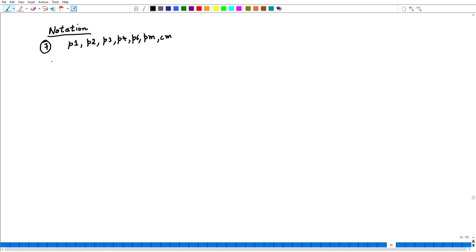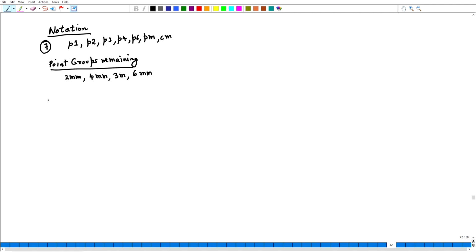Well, the remaining point groups are 2mm, then I have 4mm, then I have 3m and 6mm.